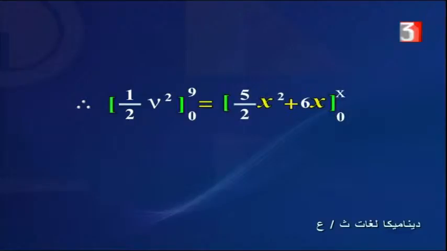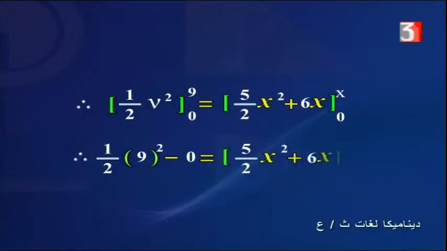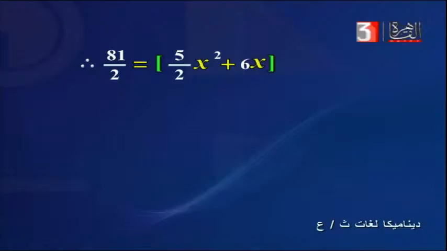Now, half 9 power 2 minus half 0 power 2 equals 5 over 2 x power 2 plus 6x minus 5 over 2 times 0 plus 6 times 0. Half times 9 power 2 equals 81 over 2 in the left hand side, and 5 over 2 x power 2 plus 6x in the right hand side.